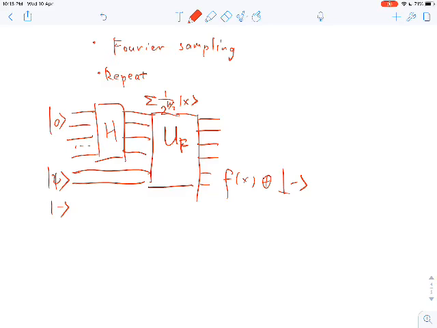Then the state here is sigma over 2 to the n power of 2 x tensor fx xor minus, right? And we really measure the fx here.